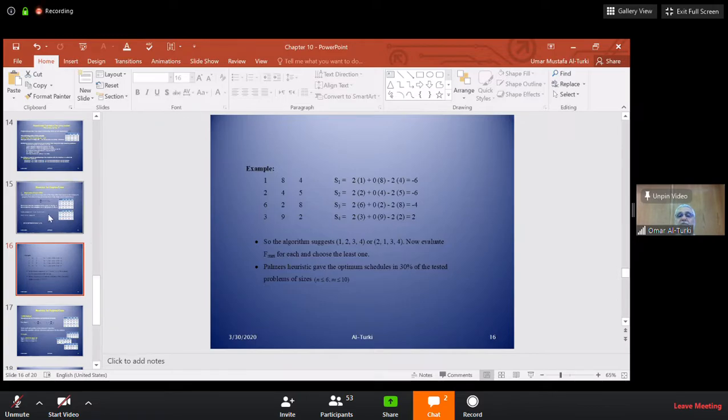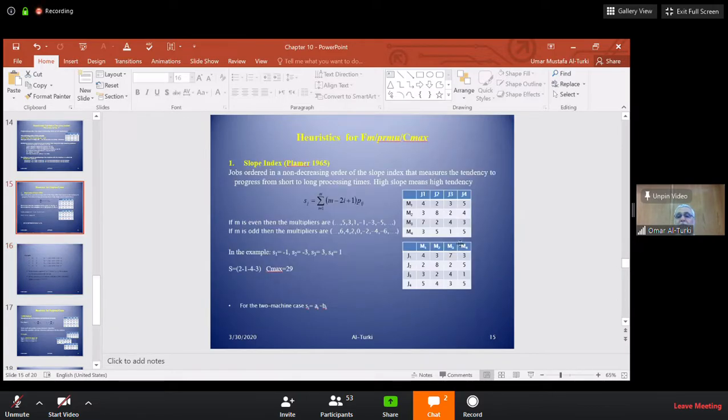Now in this example, when you have 4 machines, you multiply this machine by 1, this machine by minus 1, this machine by 3, and this machine by minus 3.